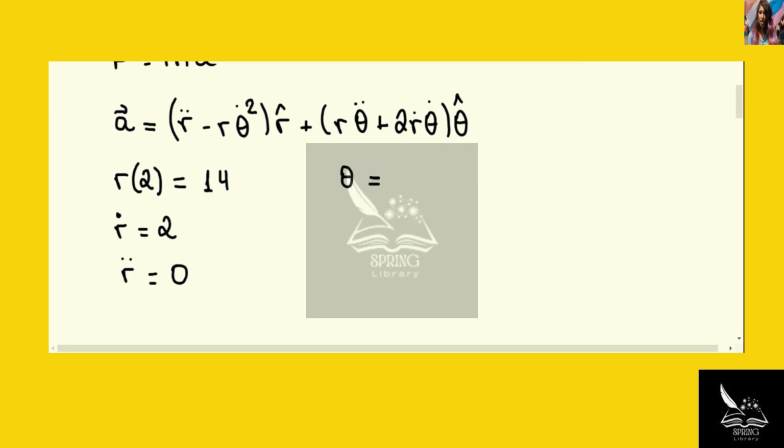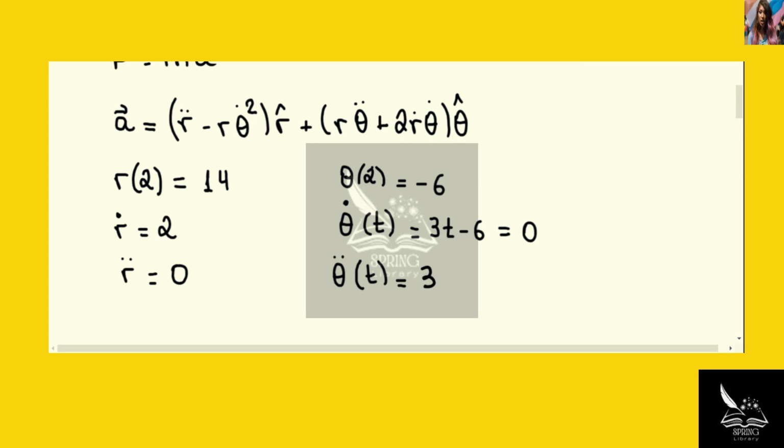Also, theta of 2 is equal to minus 6. Theta dot of t is equal to 3t minus 6. So at t equals 2, this is equal to 0. And theta double dot of t is equal to 3. So this does not depend on time.